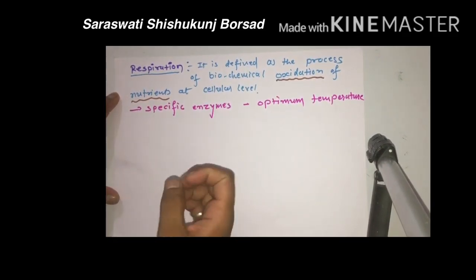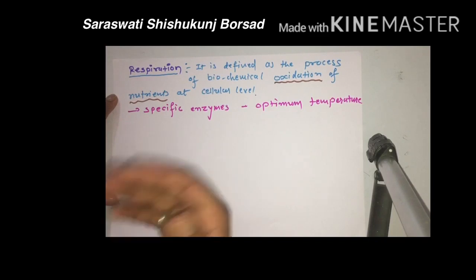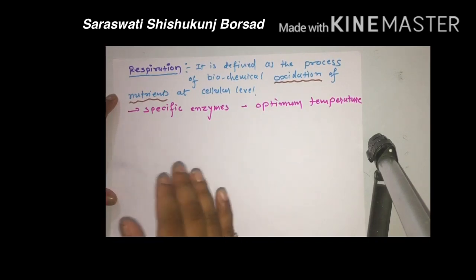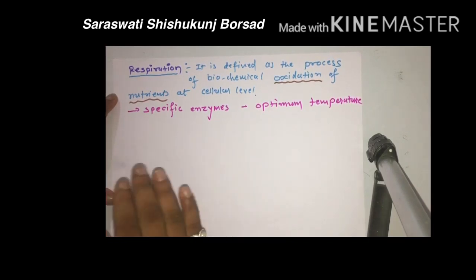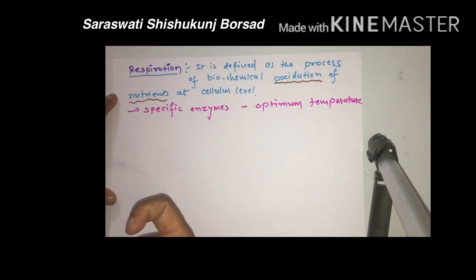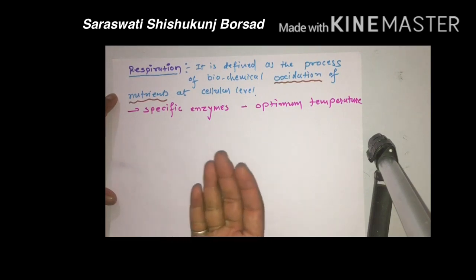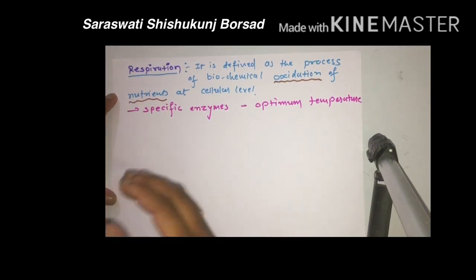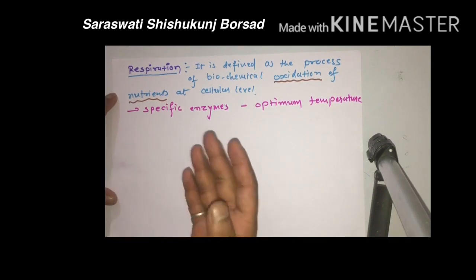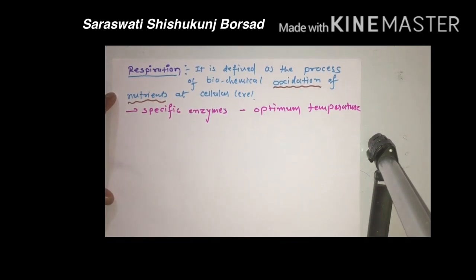Enzymes do not take part in the reaction. They are just like a catalyst. In chemistry we call it a catalyst, but when we talk about biochemical reactions, the catalyst is known as an enzyme.